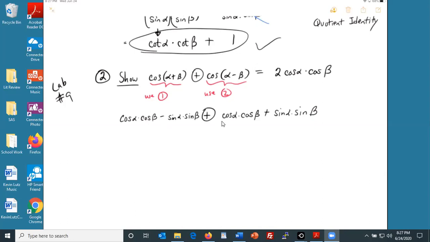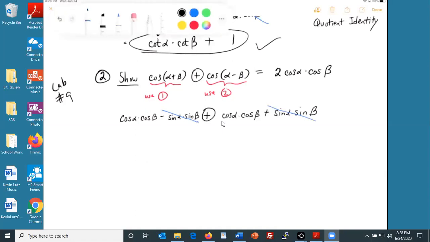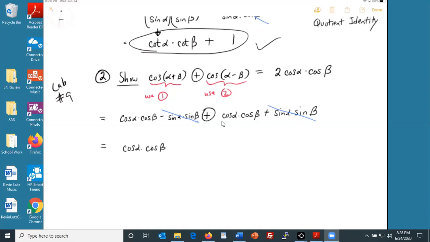Now we have a bunch of terms. See if you can simplify or cancel anything. Do you see that we have a minus and a plus of sine alpha sine beta? This minus sine alpha sine beta and this plus sine alpha sine beta are opposites, so we can cancel them out of the equation. Then we have cosine alpha cosine beta plus cosine alpha cosine beta.